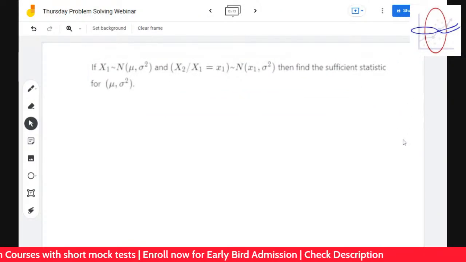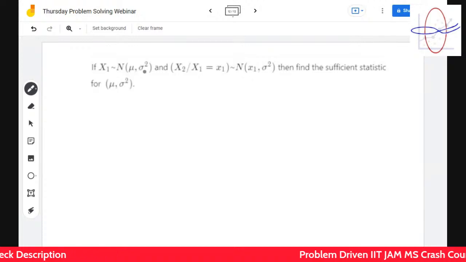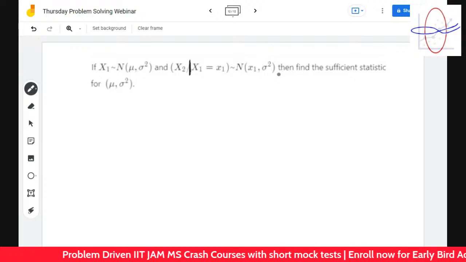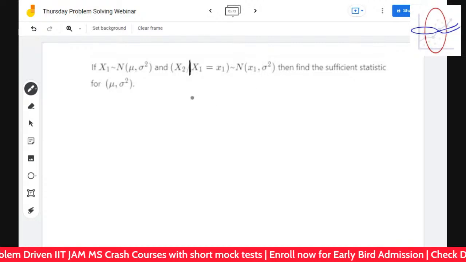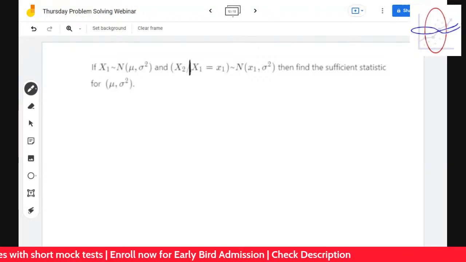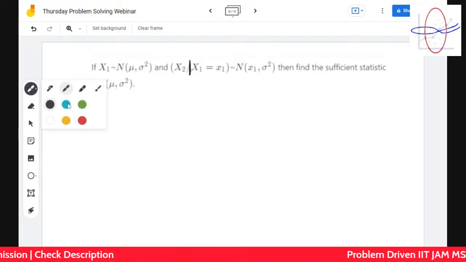If X1 follows normal mu comma sigma square, and X2 given, oh okay, I think it will be given. There's a mistake over here. It means given. And X2 given X1 equal to x1 follows normal x1 comma sigma square. Find the sufficient statistics of mu comma sigma square, in terms of X1 and X2, of course.